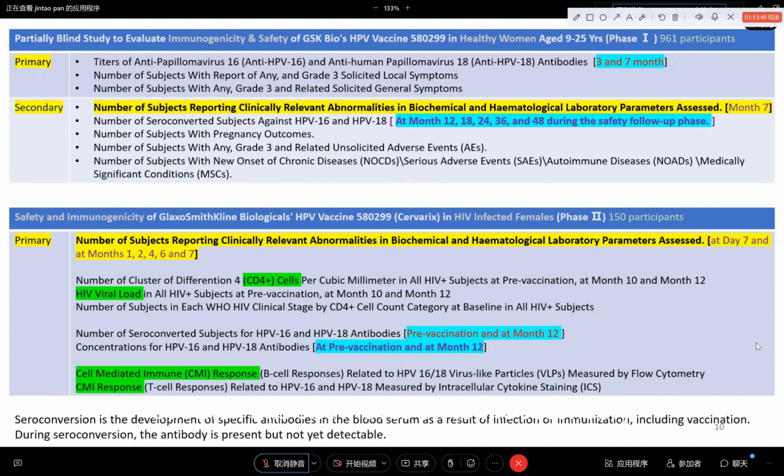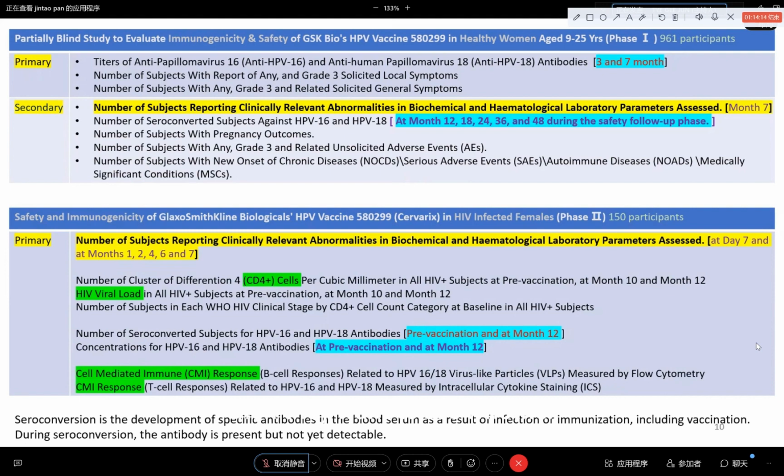But then this one moves on to the secondary. You see, even pregnancy was taken into consideration. Why? Because when you're giving an HPV vaccine, they don't know whether the HPV vaccine will cause people to lose out on pregnancy or not. So maybe they want to follow to see, after vaccination, will it cause people to be unable to give birth? So that's why they have to look at pregnancy.